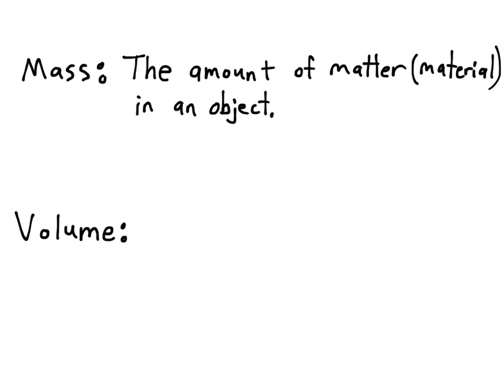Usually it's what the word weight means. Most people, when they think of weight, are actually thinking of mass. So if I were to tell you I weighed 150 pounds, which I don't, that means I have 150 pounds of material in my body. Well, that would be mass.